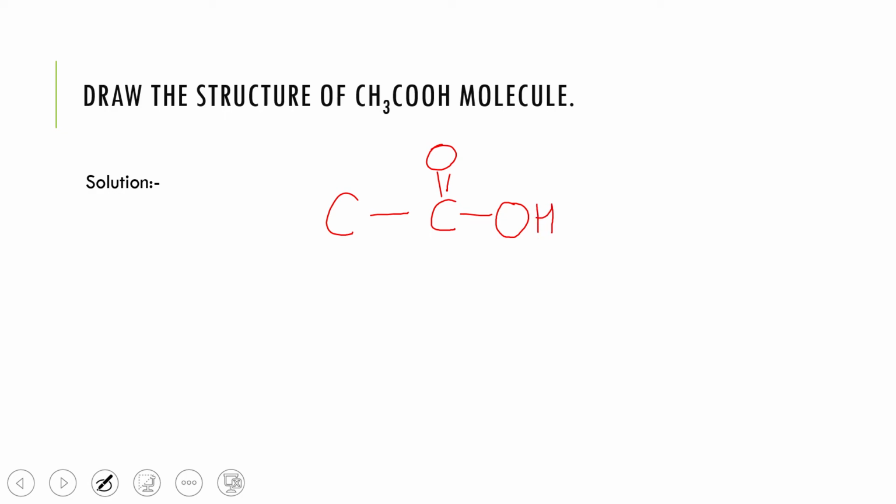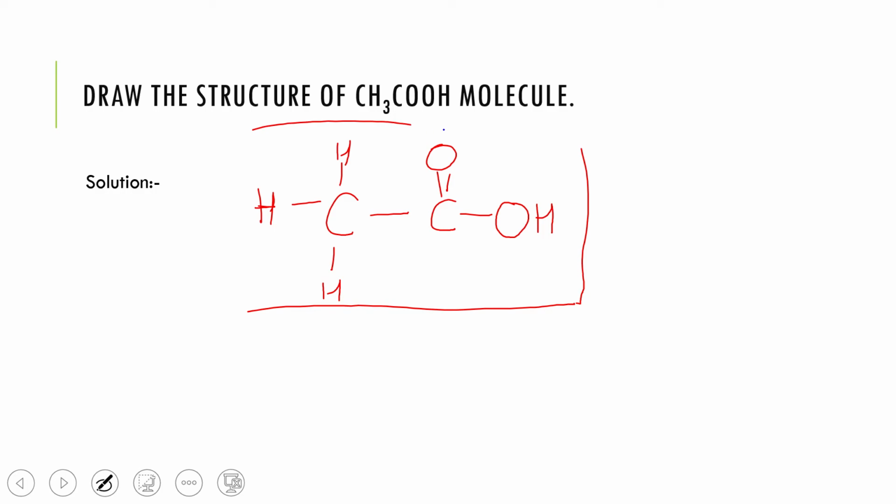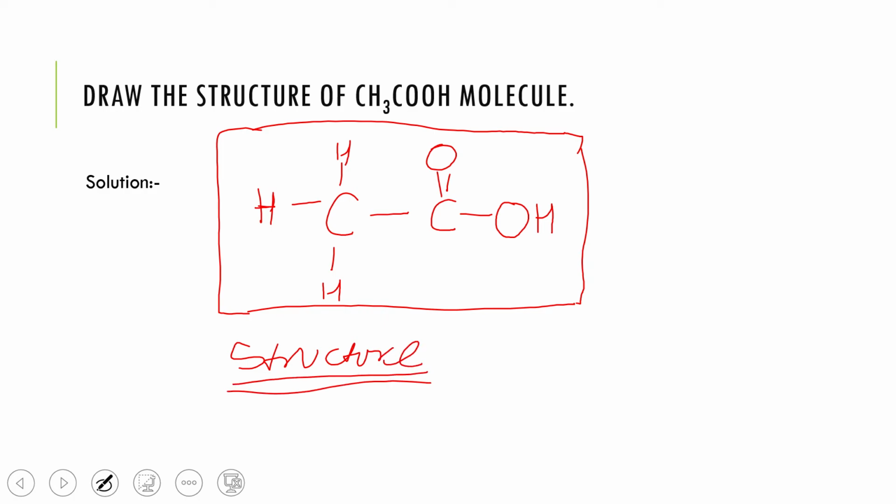If this has fulfilled its valencies, just need to satisfy with hydrogen the rest of the valencies. The structure, not the electron dot structure. So here is the structure of ethanoic or acetic acid. Just box the structure after completion. Just write structure. Done.